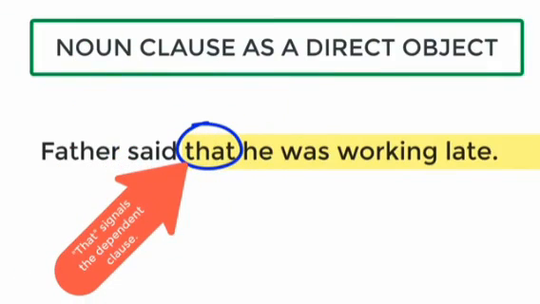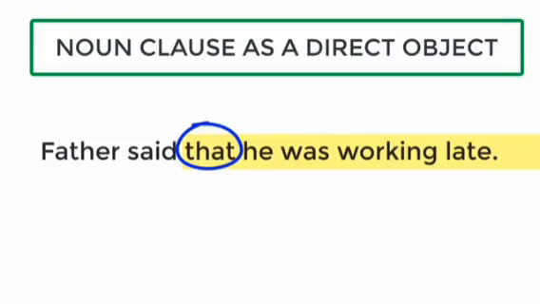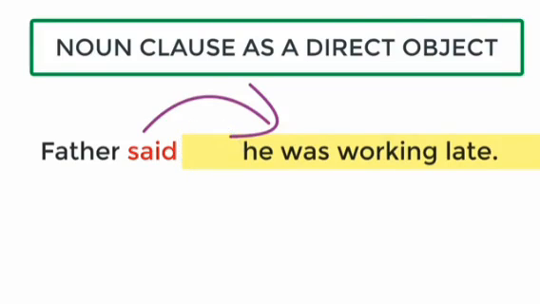Another quote: Father said that he was working late. So that he was working late is a direct object, and that is the signal of the dependent clause there.